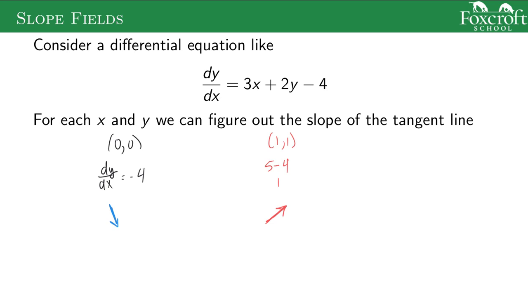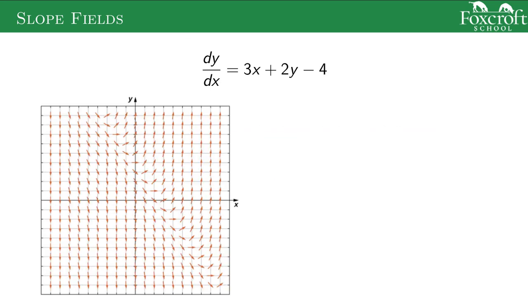Generally, you're just going to do it for the whole number values, but you can make a computer do all of this really quickly, and then you can get something that looks like this. This is a slope field for this differential equation. You can see at 0, 0, the one we plugged in, you get this downward arrow, because at 0, 0 it would have a negative slope.